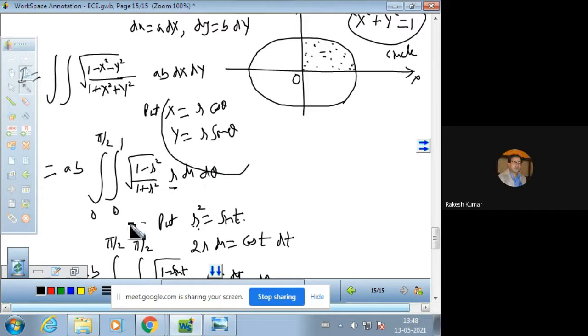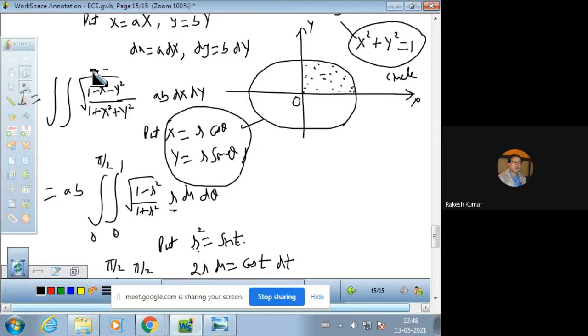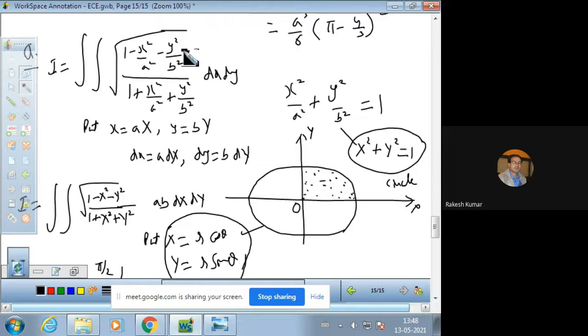Because by squaring and adding these two, you always get the equation of a circle with center 0, 0 and radius r. So if we have the equation of a circle, we have to convert this ellipse into it. That is why we have used this substitution for converting the ellipse into the circle. This is a unit circle, and now the change to polar coordinates is simpler using the Jacobian, and we get the answer.